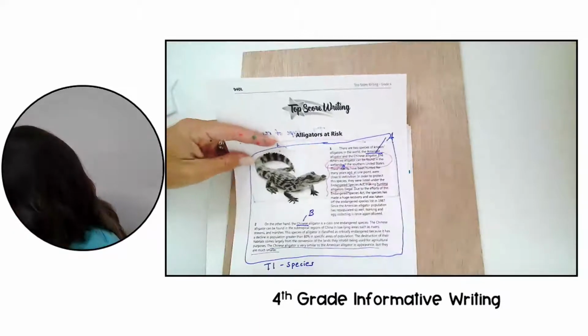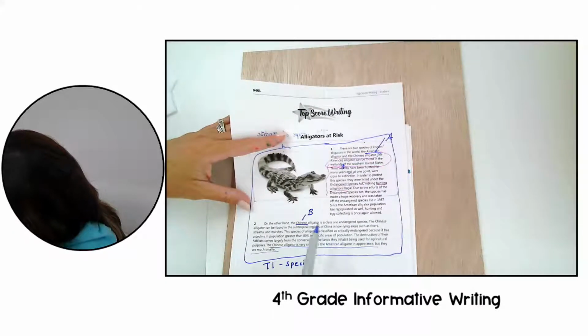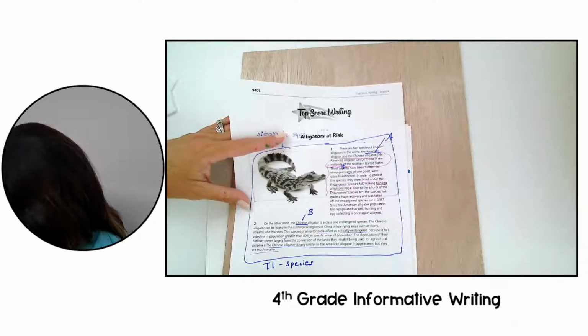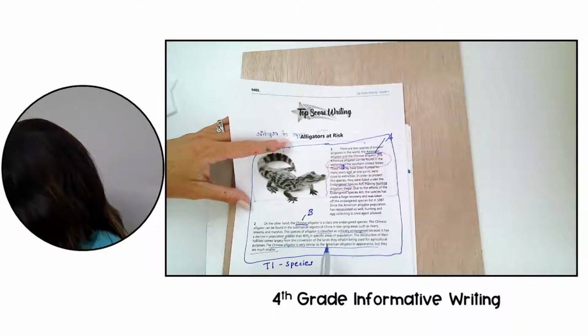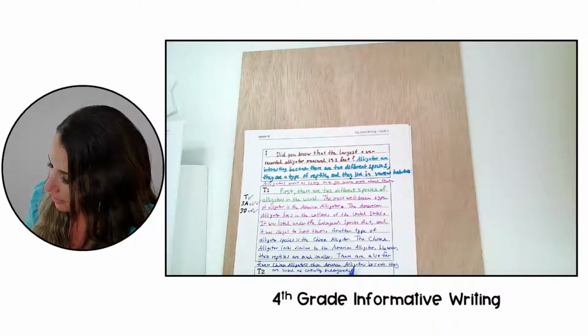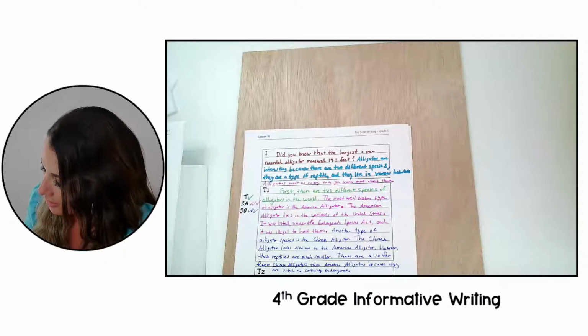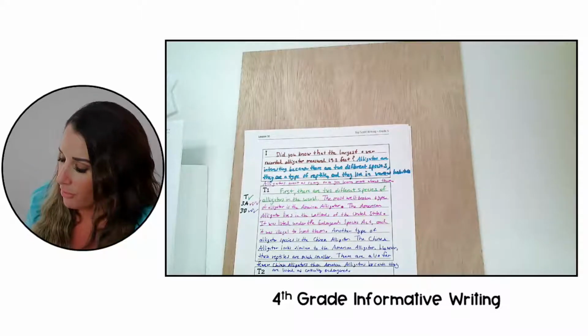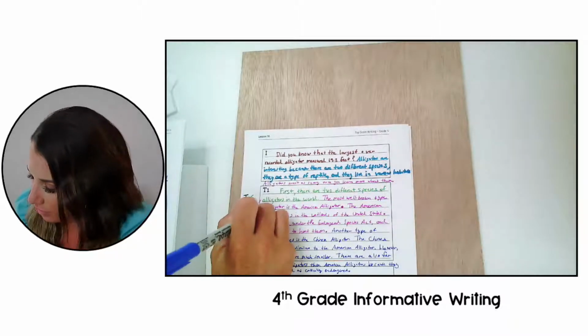So you can see here it talks about this species of alligator is classified as critically endangered because it has a decline in population greater than 80% in specific areas of population. Okay, so I took that and I said there are also far fewer Chinese alligators than American alligators because they are listed as critically endangered. Okay, so I just took the information that I read and put it in my own words. So I actually have 4 about B on that one.